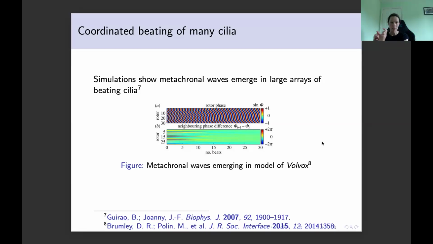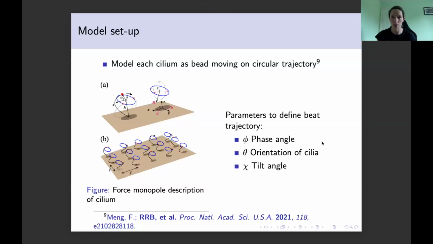So when you get that fixed phase difference between neighbors, then you know that you've got a metachronal wave. So the simulations tell us that hydrodynamic coordination is something that can facilitate this metachronal coordination. But the point of the analytical work here is to understand how. So we know that hydrodynamics can do it, but we want to know a bit more about the details of it through the analytics.